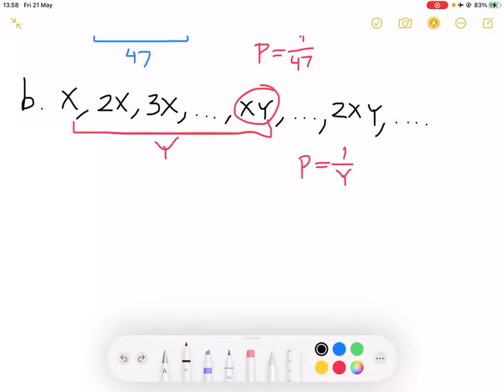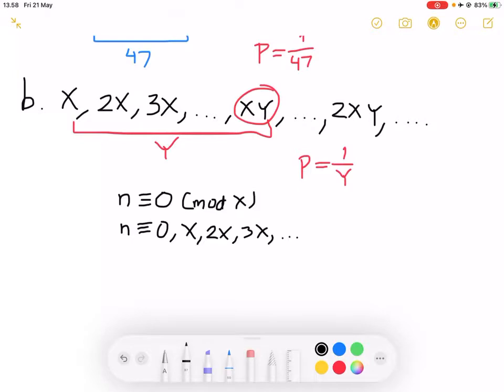Or perhaps let me just do that. So suppose our number chosen is n, and this is congruent to 0 mod x. Now for n mod xy, there are y possible values, which will be 0, x, 2x, 3x, all the way up to (y minus 1)x, because yx will just be congruent to 0 again.